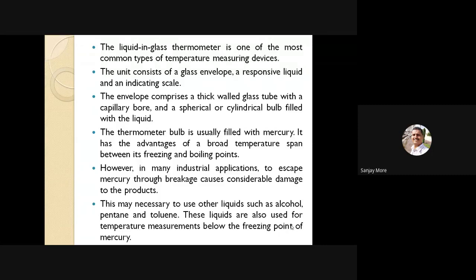It is the most common type of thermometer. It is the most common type of temperature measuring device.